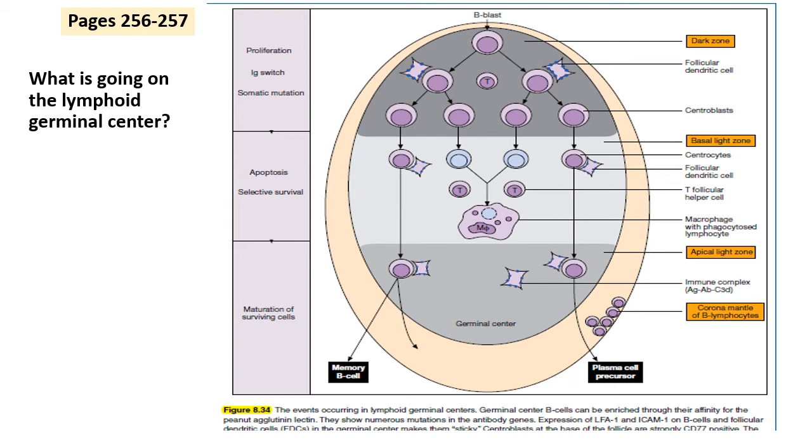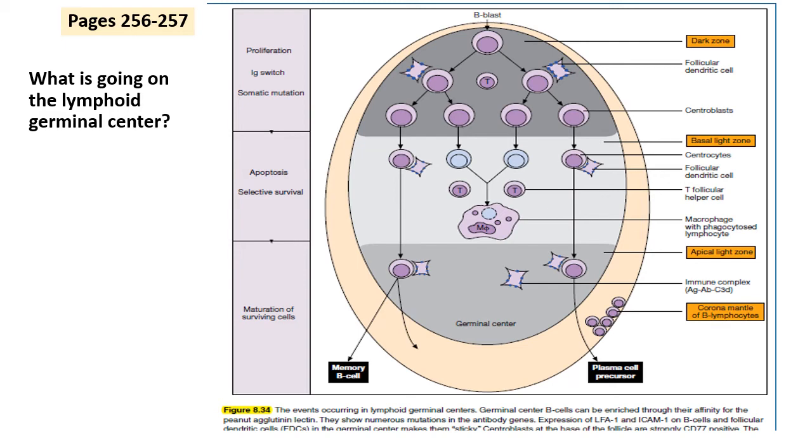Here, B cells with high affinity are selected. That means only high affinity B cells are selected in this zone, and then after migration of these cells between the two zones, the dark and light zones, this process occurs continuously.